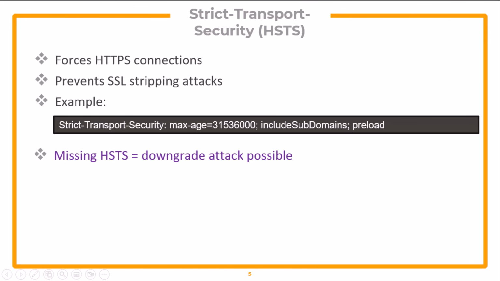It will automatically upgrade the connection to HTTPS. This prevents SSL stripping attacks, where an attacker tries to downgrade your connection to spy on your traffic. If this header is missing, it means a downgrade attack is possible, which is a significant risk for any site handling sensitive data.